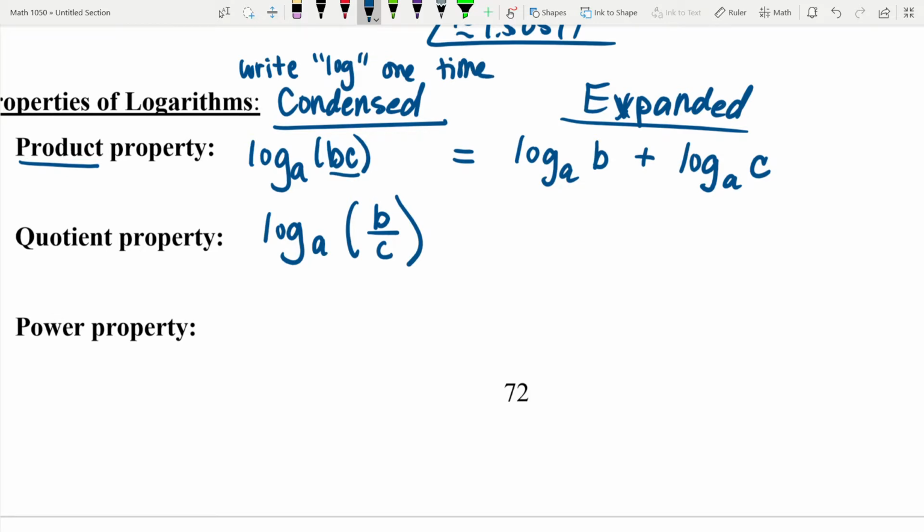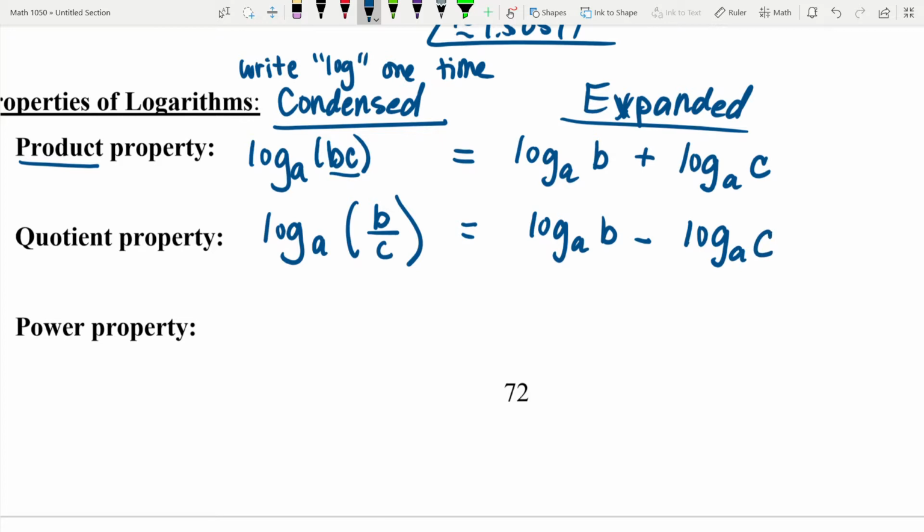If something is fully condensed, you're not going to put log somewhere else. It's just one log. So if those are divided, when I expand, does anybody remember what you do? You subtract. So it's log base A of B minus log base A of C, okay?